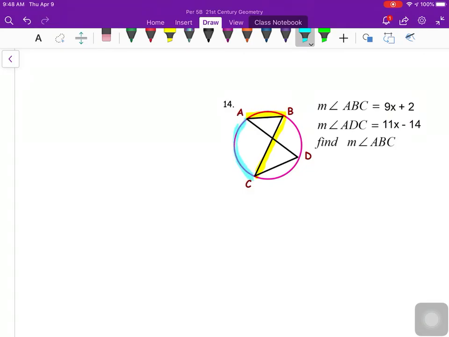Now here we have a situation where they gave us information about two different angles. The angle ABC. Now the arc that goes with angle ABC is this one. And then the other angle that they gave us was angle ADC.